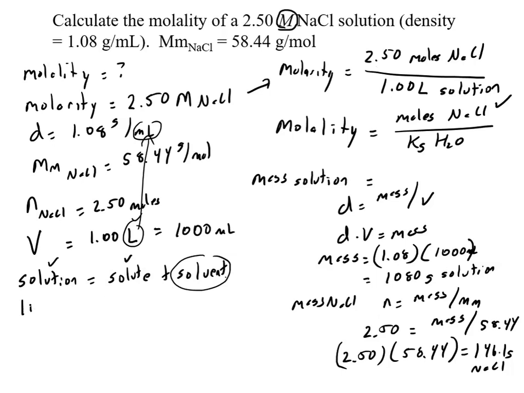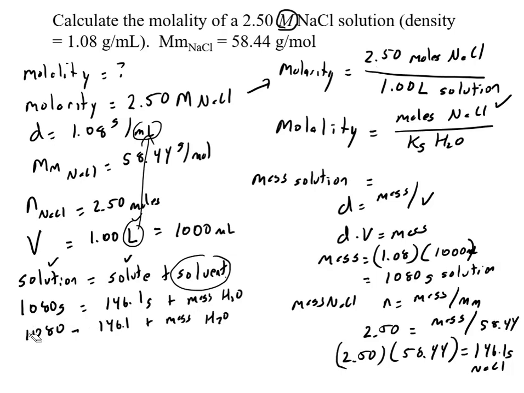Okay, so now I have this and that. So this is 1,080 grams of solution. This is 146.1 grams plus the mass of water. So 1,080 minus 146.1 is equal to the mass of water.